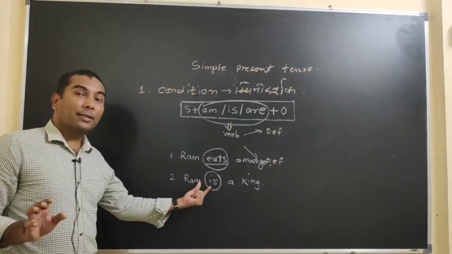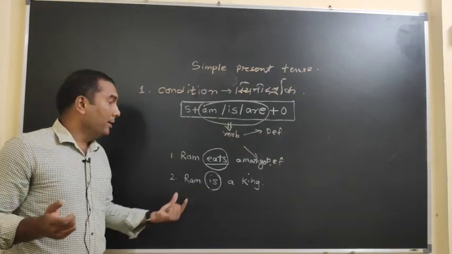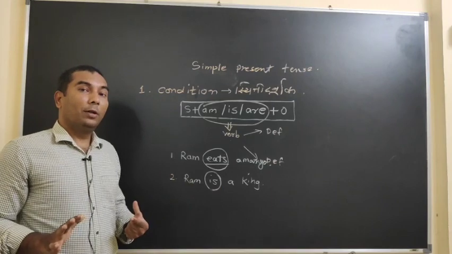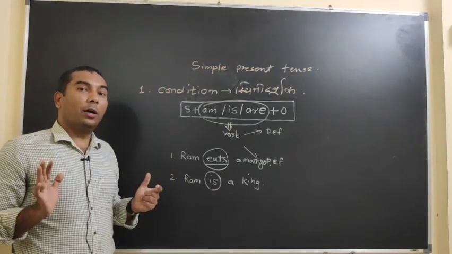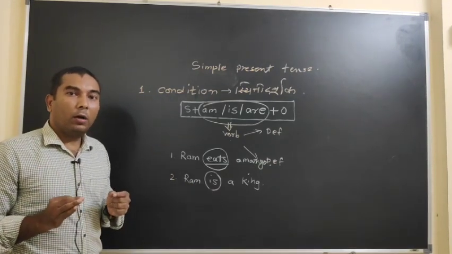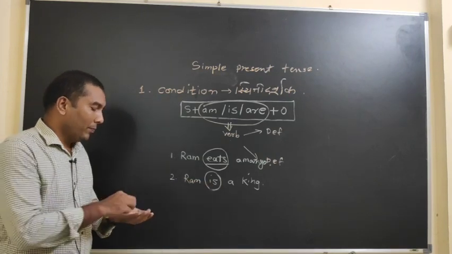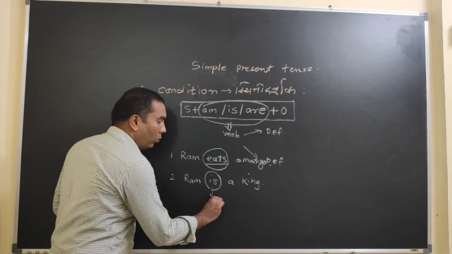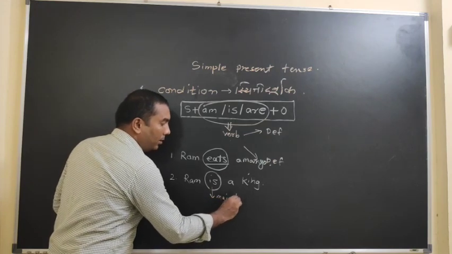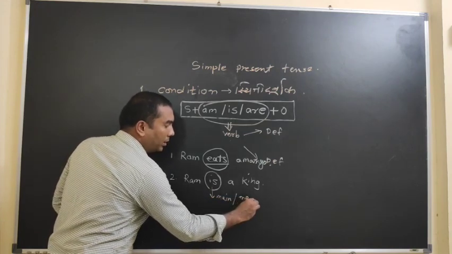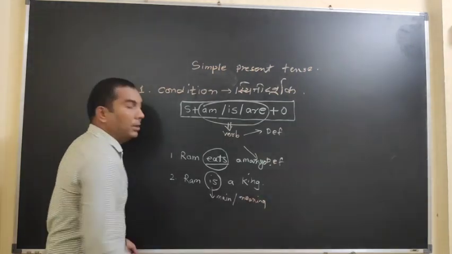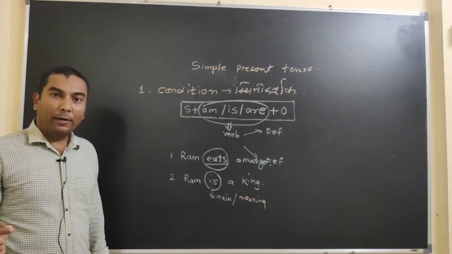But this is not the action denoting word. It is a supporting verb, or we can call it an auxiliary verb, but it is used here as a main verb for completing the meaning of the sentence.